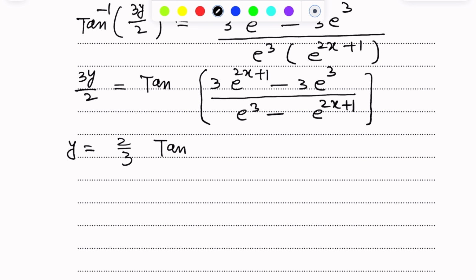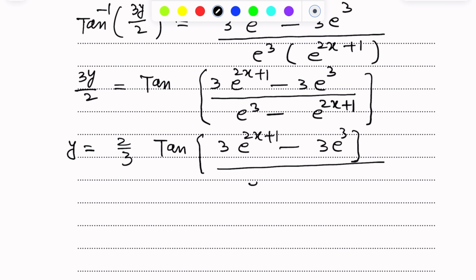y is equal to 2 over 3 tan of 3 e power 2x plus 1 minus 3 e power 3 over E3.